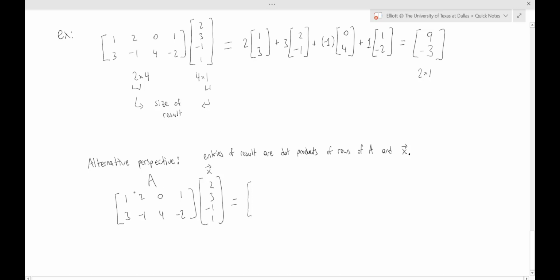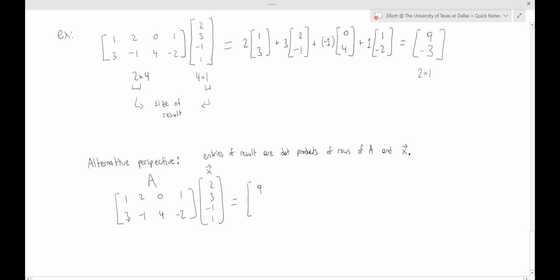So that gives you 2 plus 6 plus 0 plus 1. And you see it's the same as what we did up here. 2 times 1, 3 times 2, 0 and 1 to get 9.